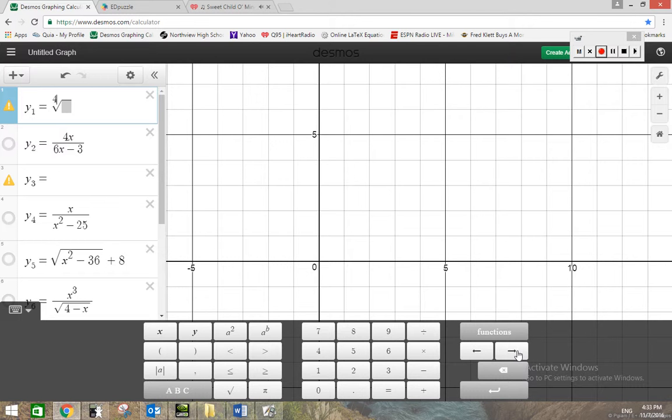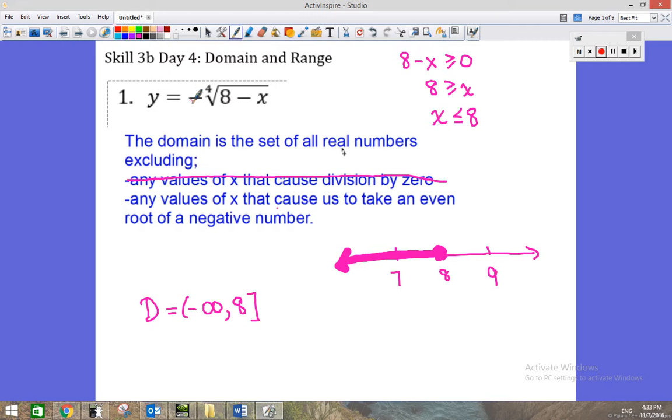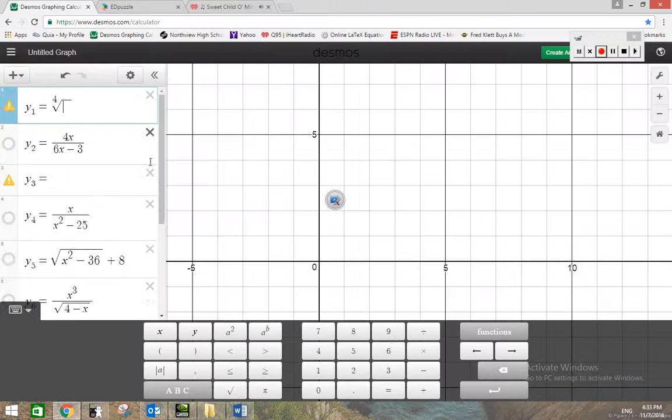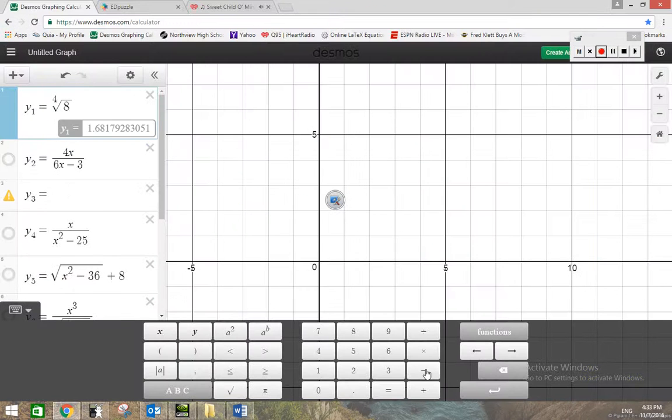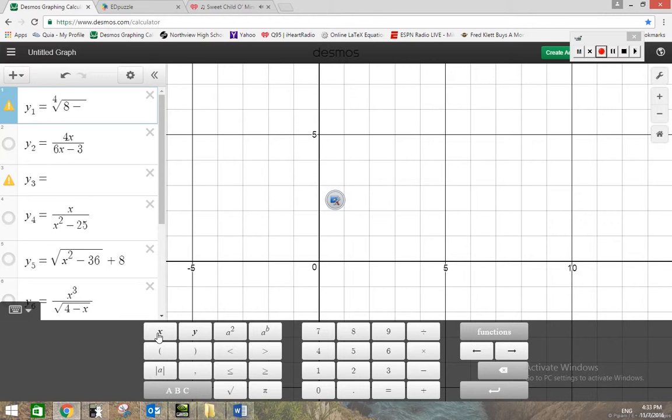Then I'm going to hit this arrow to have it move down to underneath the radical. And then what was it? Oh, I have a negative on the outside, but it was 8 minus x. So I'll key in 8 minus x. And now I'll move this in the front because I don't want to forget that negative sign that was there.